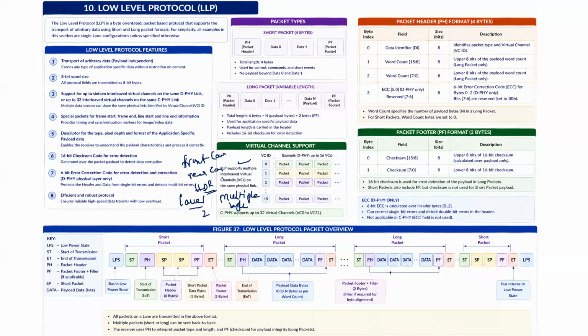Okay, and then some packet header and then packet footer. Why we are using synchronization packets: synchronization packets are always used to identify where we are starting the frame and where we are ending the frame. Frame start, frame end, and then how the line is starting, line start and line end.